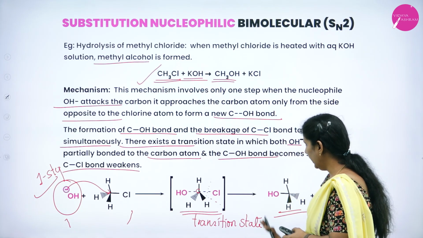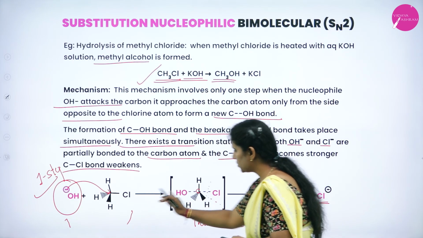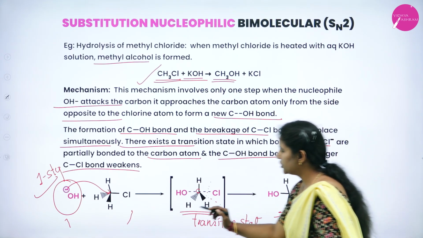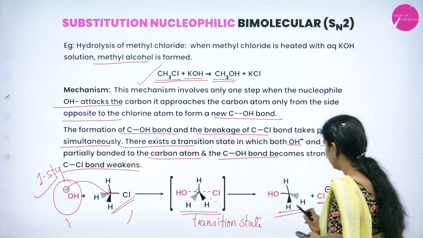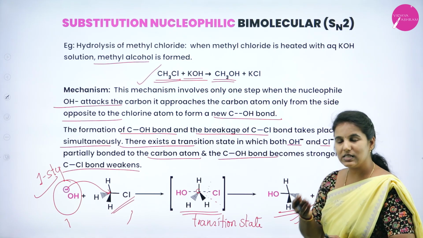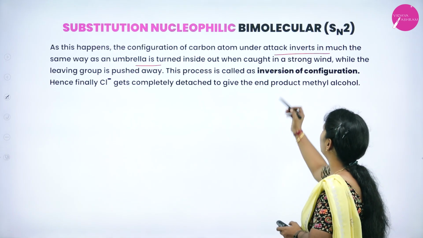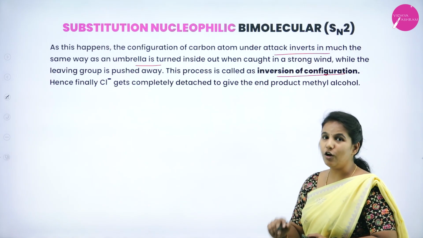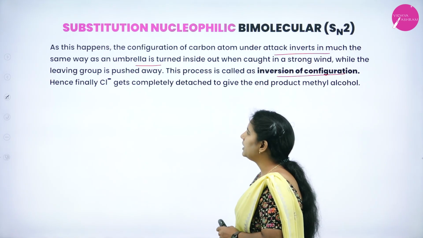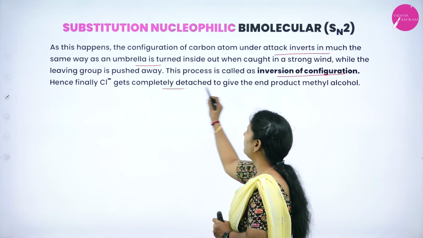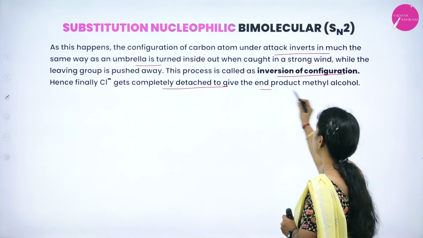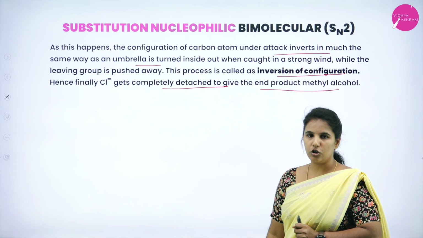So you can see the shape of the umbrella is also inverted. You can see that the shape of methyl chloride to methyl alcohol has completely become inverted. Such configurations are also known as what? Inversion of configuration. Finally, the chloride ion will be completely detached to give the end product methyl alcohol.